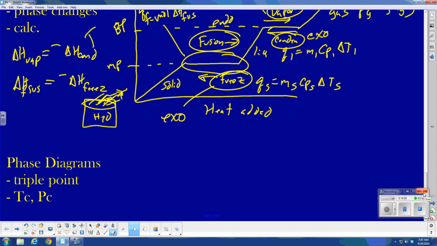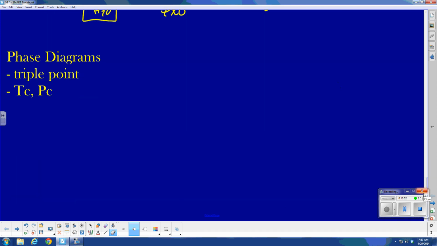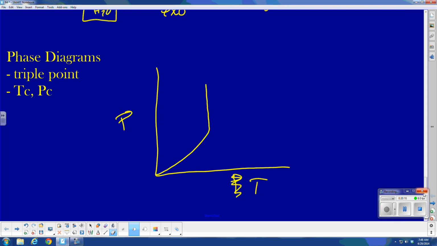All right, what else do we have here? Phase diagrams. This is not on the AP exam, but phase diagrams are a nice thing to know. What do we have here? You have pressure and temp, and it goes something like this. Did I increase my pressure?